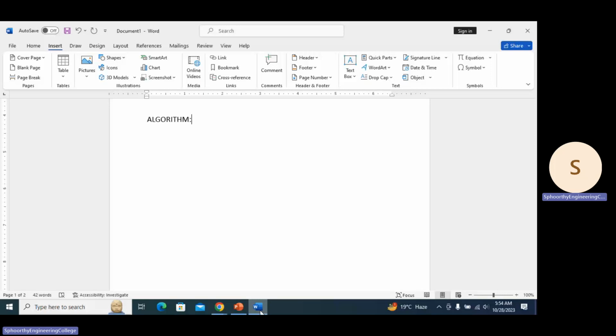Suppose I want to do some shopping. What I need to do first is identify what kind of shopping I need. Am I going to buy some electronic goods or some clothes? If I'm buying clothes, then where do I go? Identify a particular shop, right? Go to that shop using some mode of transport.